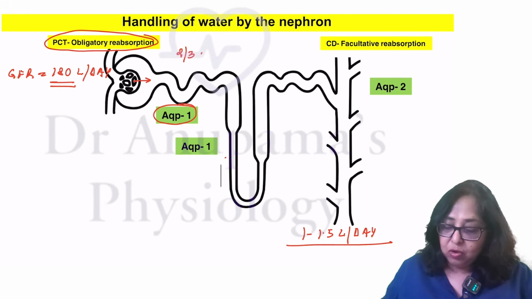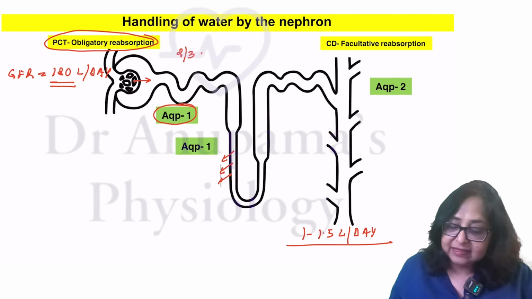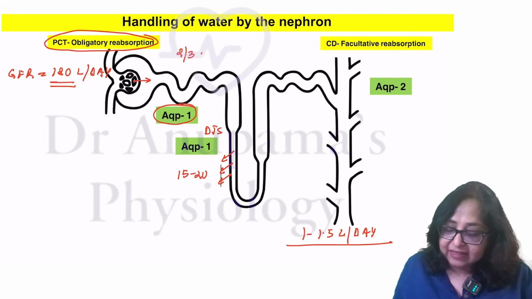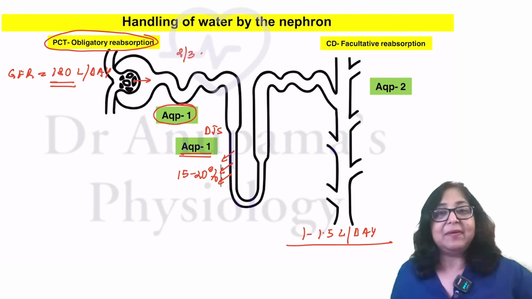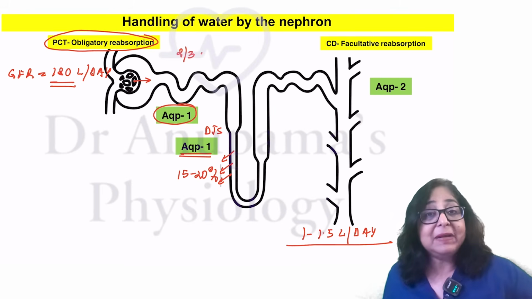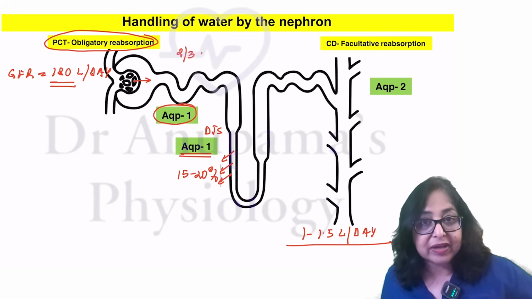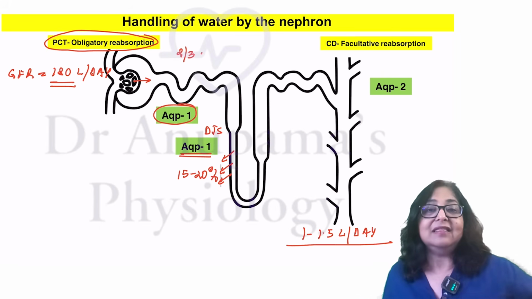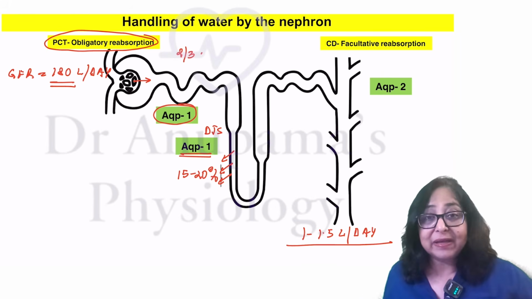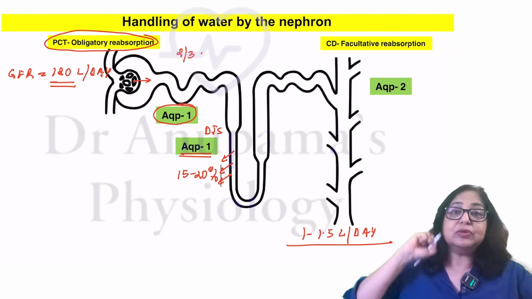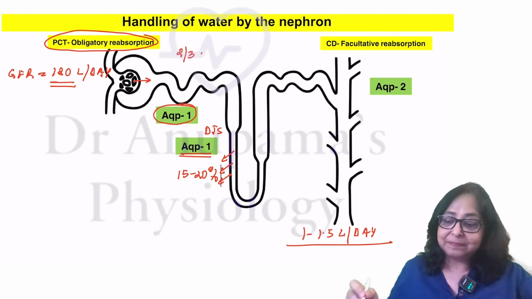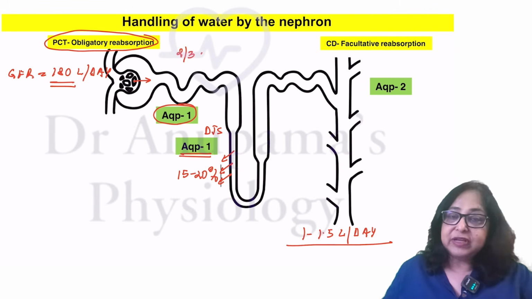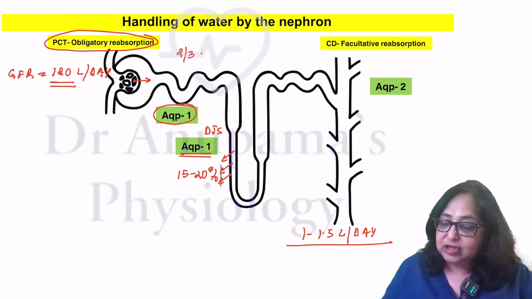Then there is more water absorption in the descending thin segment. This is about 15 to 20%, and this also is with the help of aquaporin 1. But please understand, obligatory reabsorption is in the PCT. When we speak of obligatory reabsorption, we refer to the water reabsorption in the PCT. Thereafter, there is no water reabsorption till the fluid reaches the collecting duct.